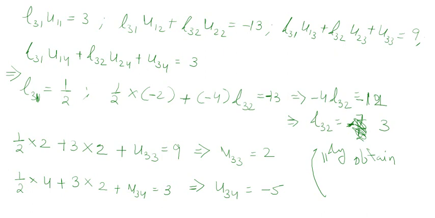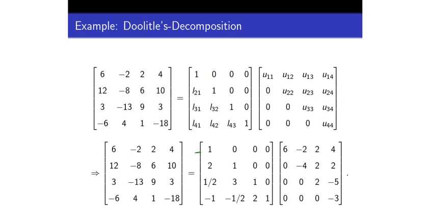So similarly obtain L41, L42, L43, okay, and U44 by the last row multiplied by each column of the upper triangular matrix. So what you will obtain if you arrange all the things here is L21, L31, L32 and L41, L42, L43, and this is an upper triangular matrix.